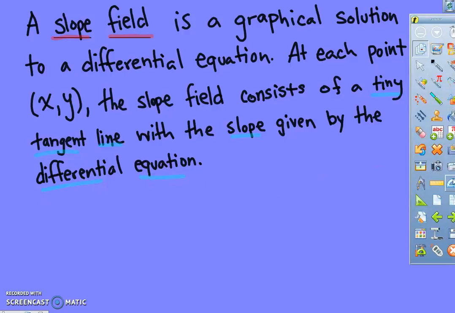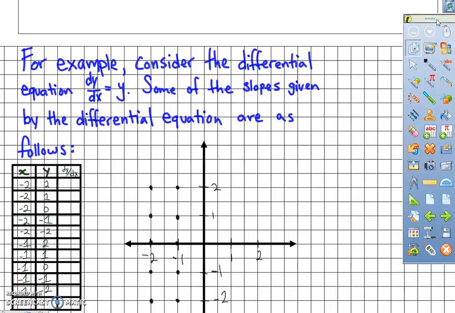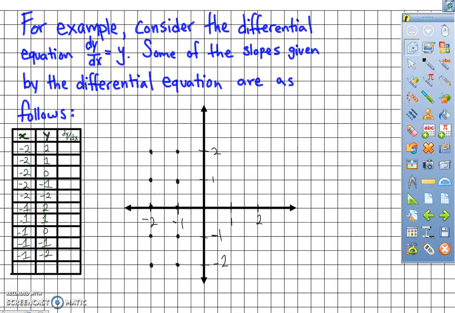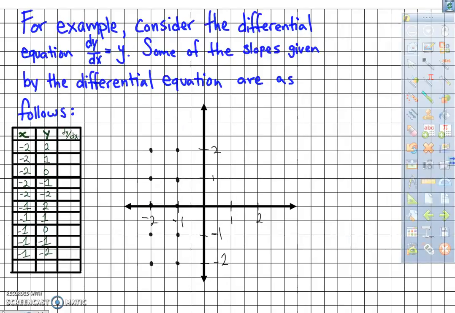Okay, so let's look at an example that explains everything that you just wrote down and some of the stuff that I emphasized by underlining. Go ahead and copy this example down. So for example, consider the differential equation dy over dx is equal to y.